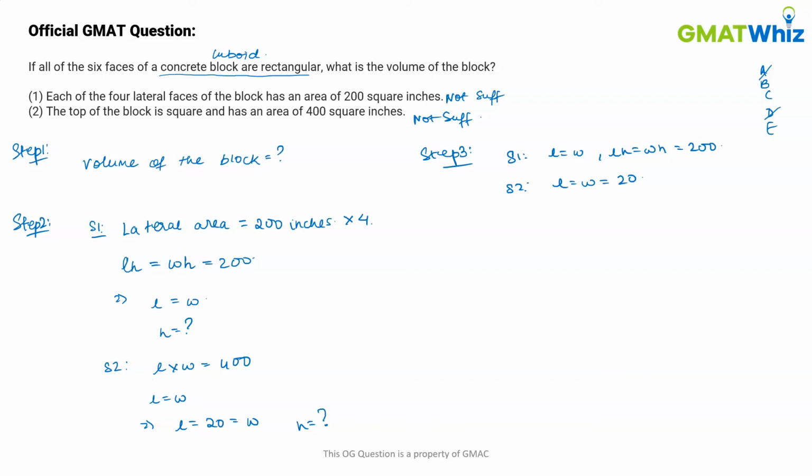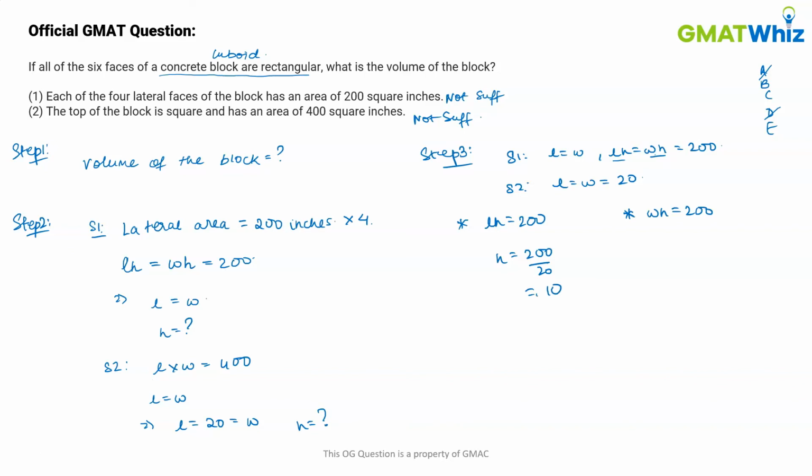Now, when we combine both the statements and use either equation, LH equals 200 or WH equals 200, since the values of L and W are both known to us, H will be equal to 200 by 20, which is equal to 10.